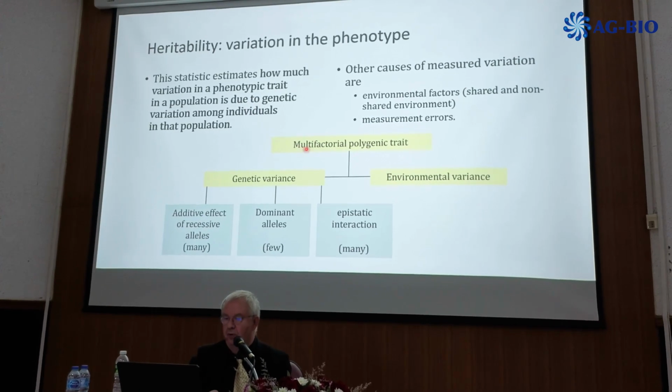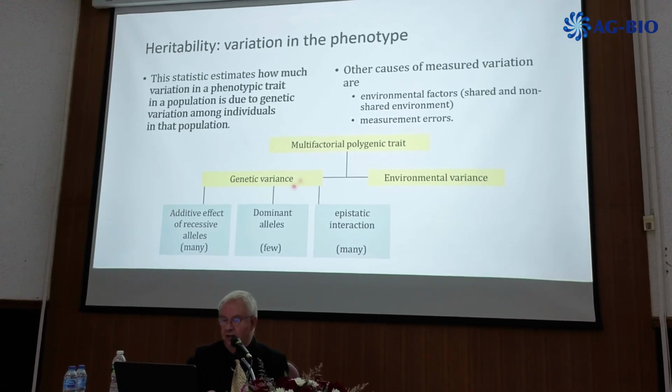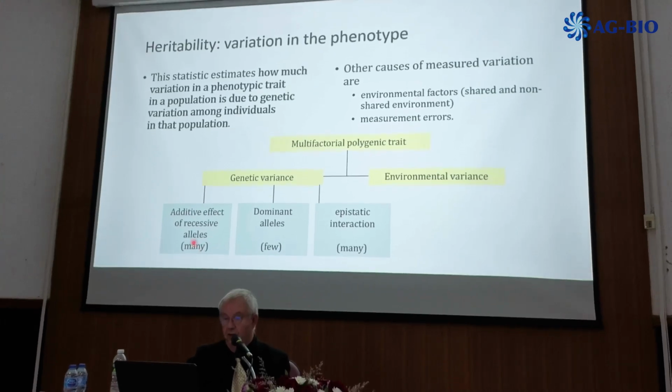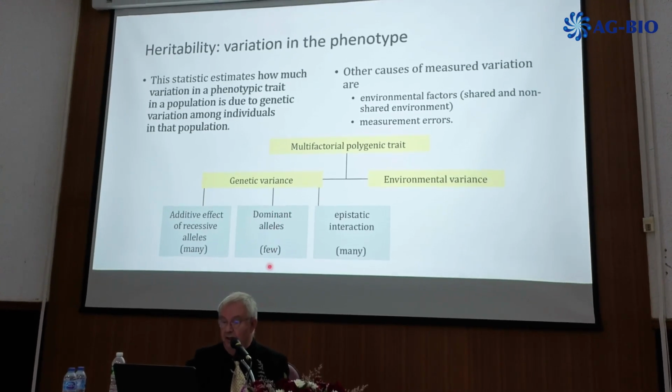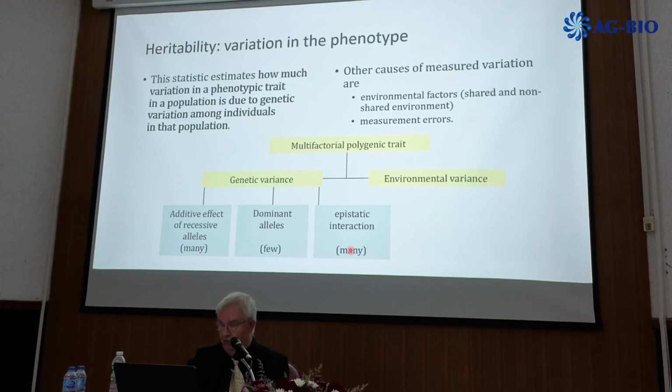So consider here a multifactorial polygenic trait. You have a component that is the genetic variance here, you have an environmental variance here, and that is too complicated but important to keep in mind. The genetic variation can be an additive effect of recessive alleles, as I showed briefly in the previous slides, can be dominant alleles, very few, and you have a lot of epistatic interactions.